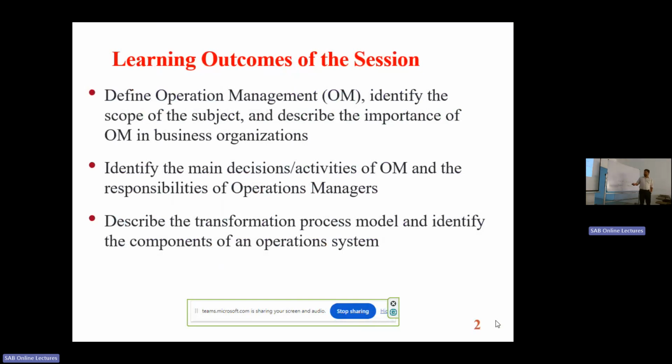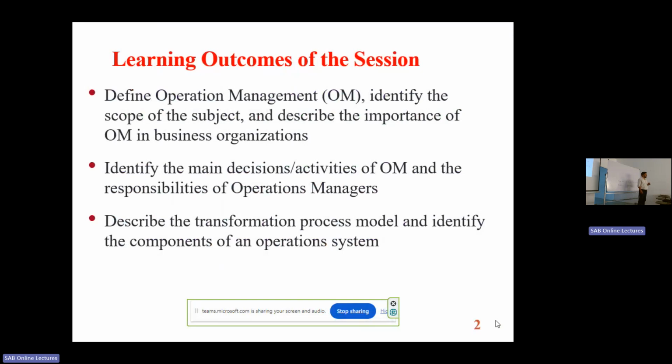In addition to that, to study operations management in a systematic manner, in an organized manner, it's important to have some framework, some theory, right? So there is this simple framework, we call it transformation process model, that helps us understand what we mean by an operation system. What are the components of an operation system? So that we can apply it in different organizations, different industries, and see how an operation system operates.